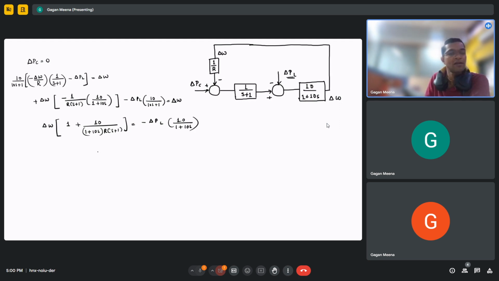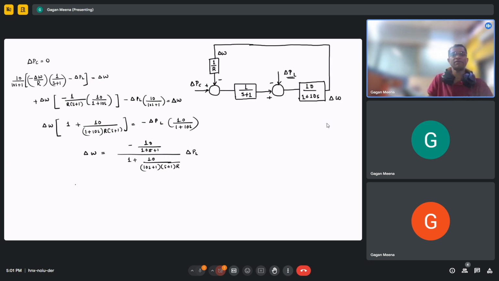Have I made some mistake? I think everything is fine, under control. So delta omega comes out to be minus 10 divided by 10s plus 1 divided by 1 plus 10 divided by 10s plus 1 into S plus 1 R, into delta PL.